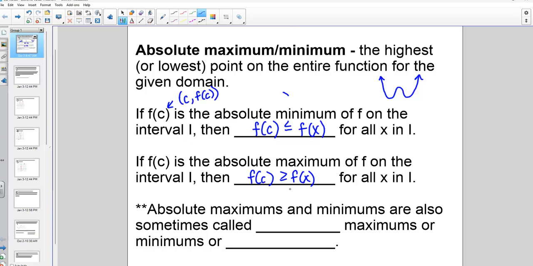Okay, absolute maximums and minimums are also sometimes called global maximums or minimums.